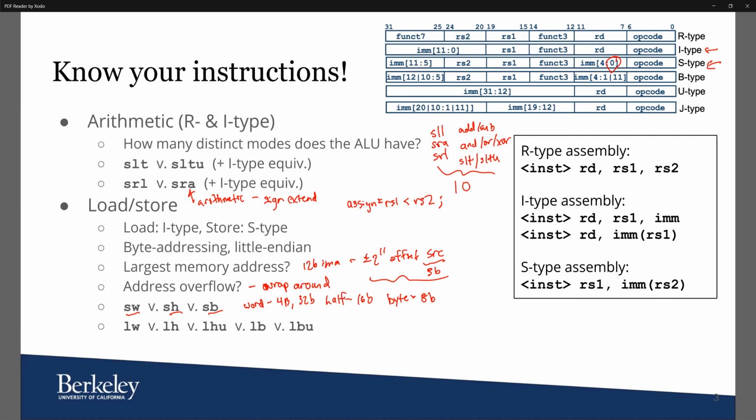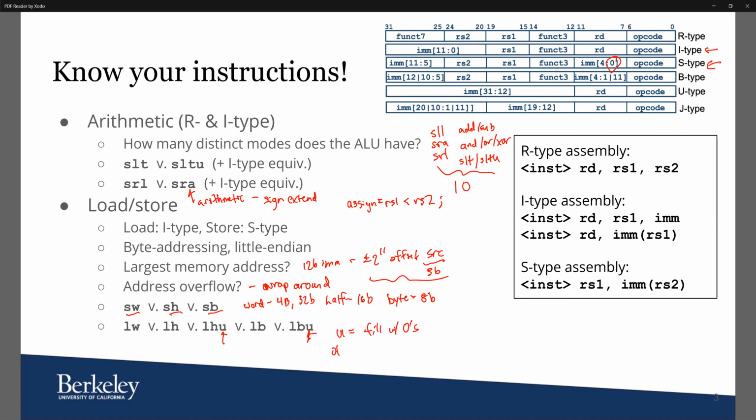Cool. Now, what is this U when you do a load? That tells you whether to sign extend or not when you're loading into a register. So for U, the 32-bit register is essentially filled with zeros.